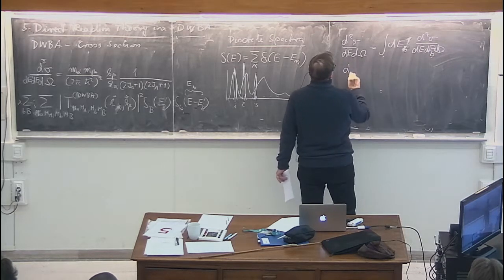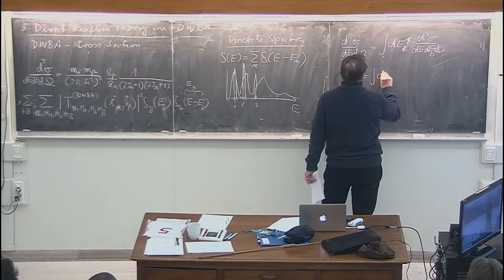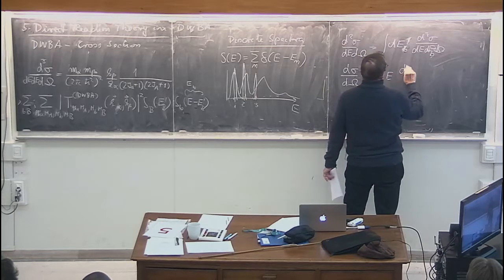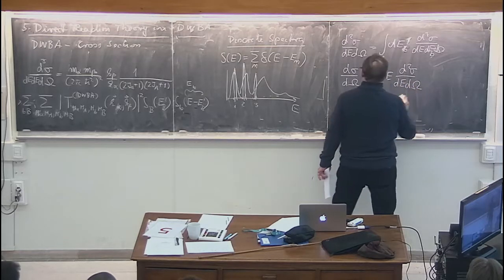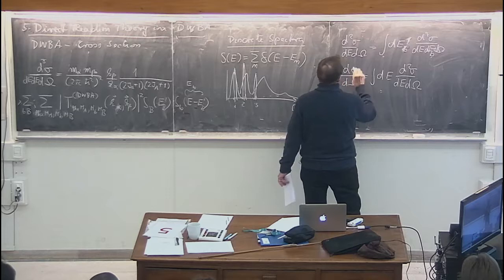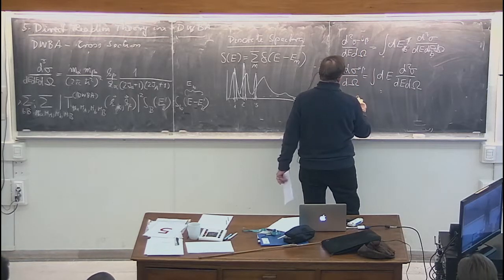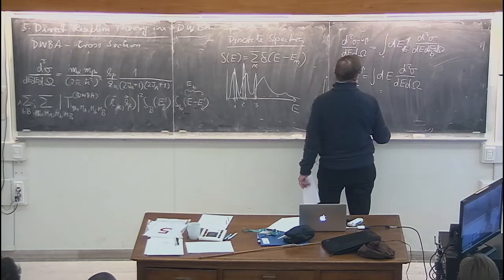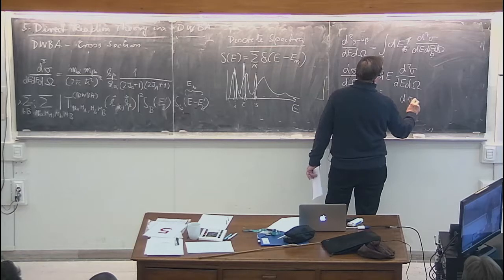I can get out the total angular distribution by integrating the double differential cross-section again over energy. And I get out the total cross-section for this particular channel. I should always add alpha beta, right? Because we are considering a particular channel, not the total result. And that is d sigma alpha beta over d omega.